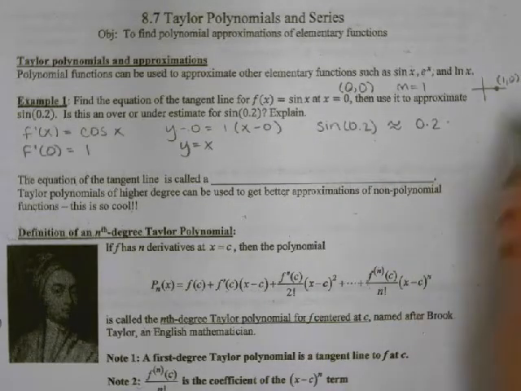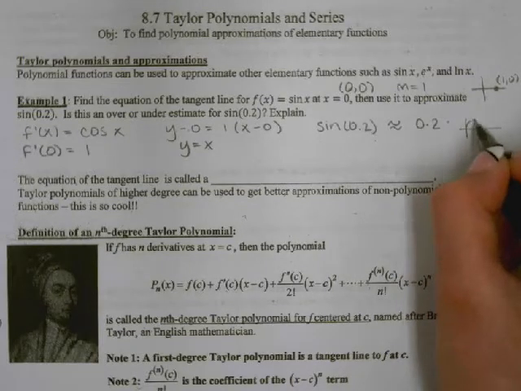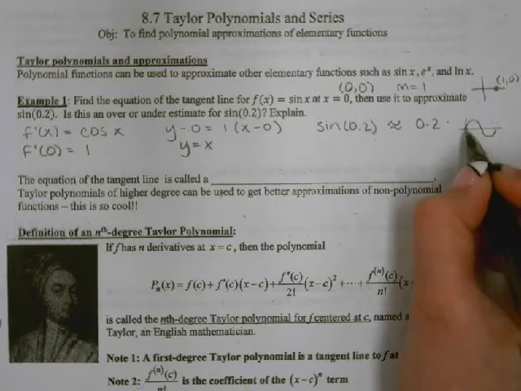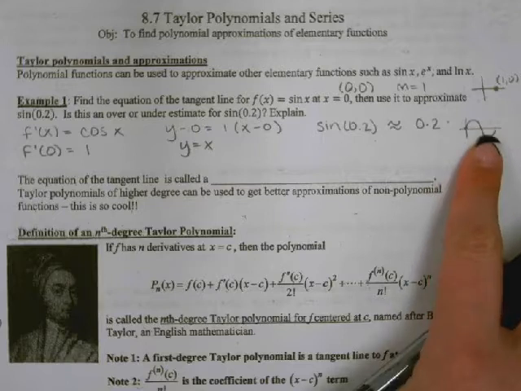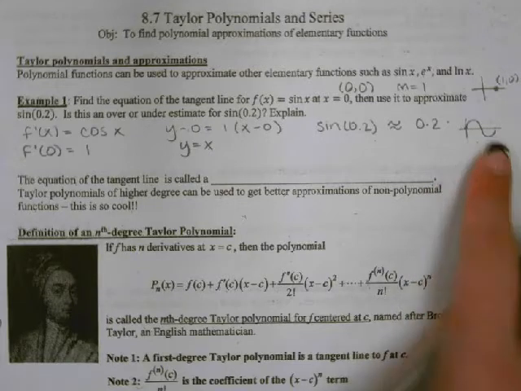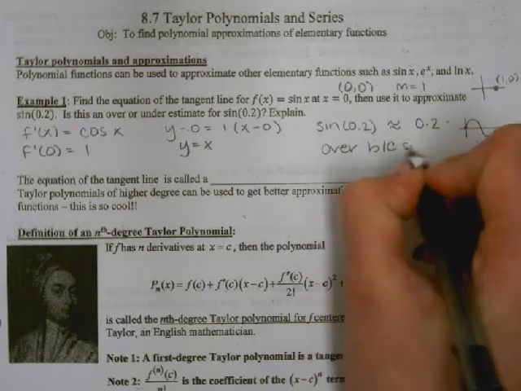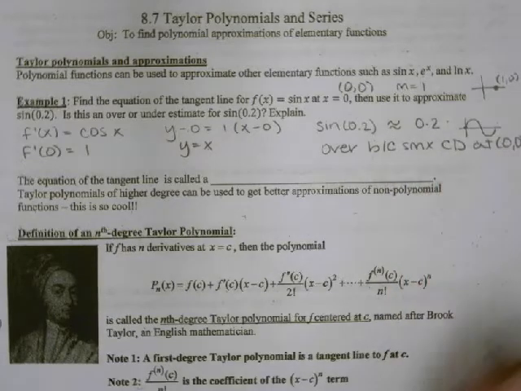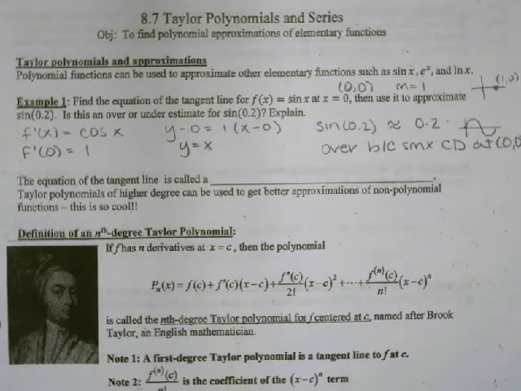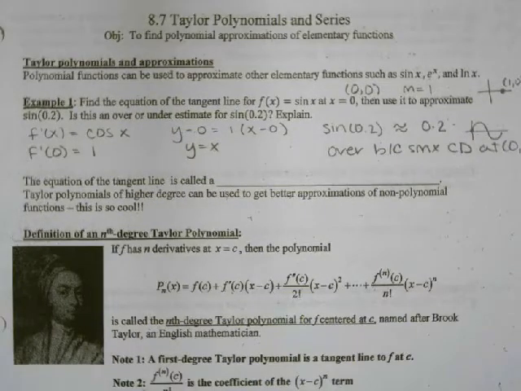A sine graph looks like this, and at the point 0, 0, that part of the sine graph is concave down. So this would be an overestimate because sine x is concave down at 0, 0. That decimal 0.2 is an approximation for sine 0.2, but it's a little bit high. That number's a little bit too big.